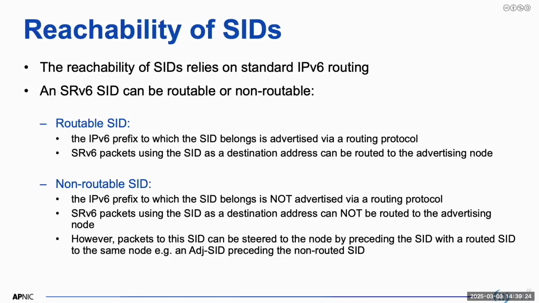So we have some addresses or SIDs that we can use for routing, and some that we cannot. You use the routable SIDs to reach the non-routable ones, and one example is the SIDs for one link to another link.